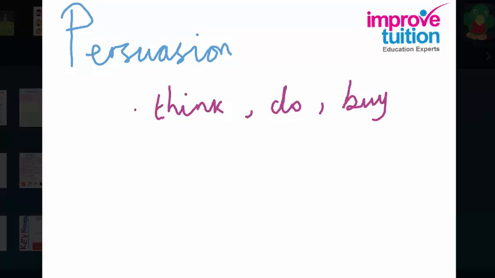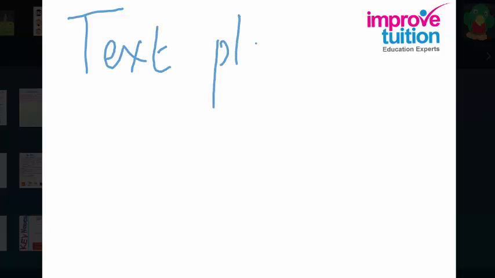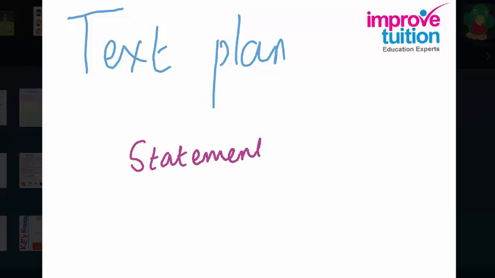And the text plan: you've got to identify the main points of the text. This could be a statement, or it could also be a question that grabs the reader's attention.